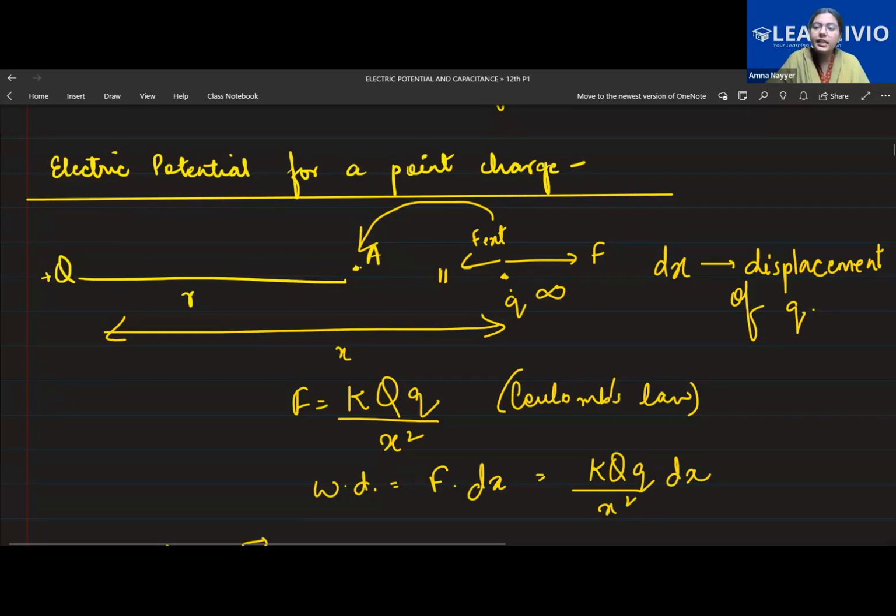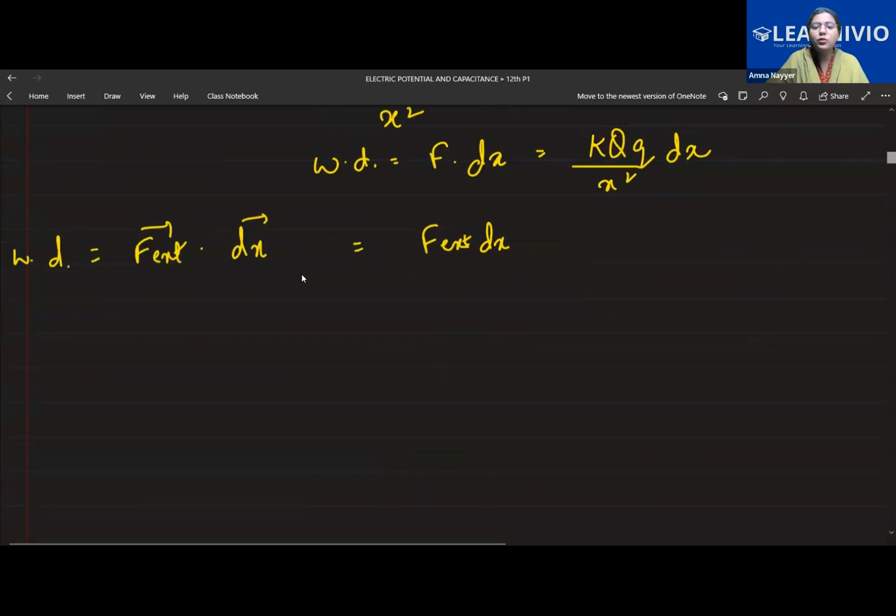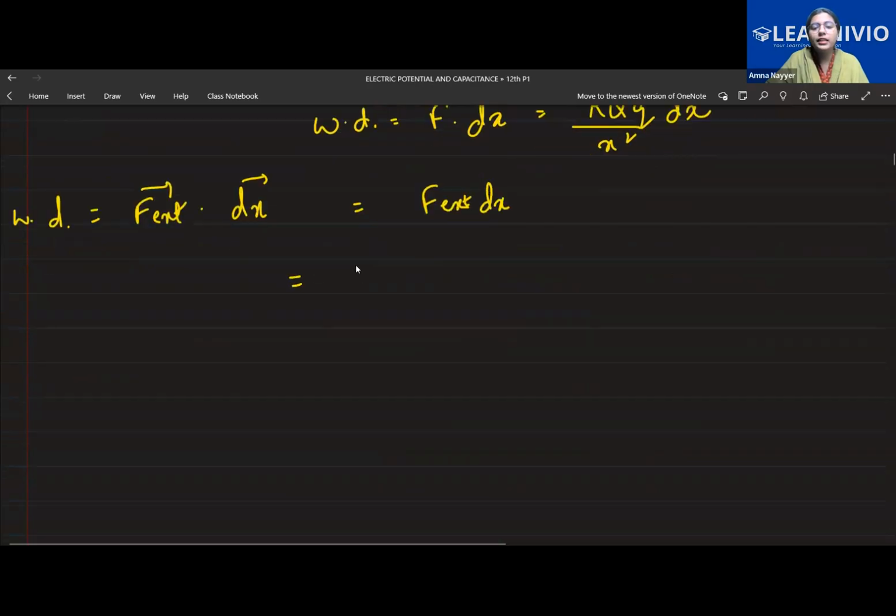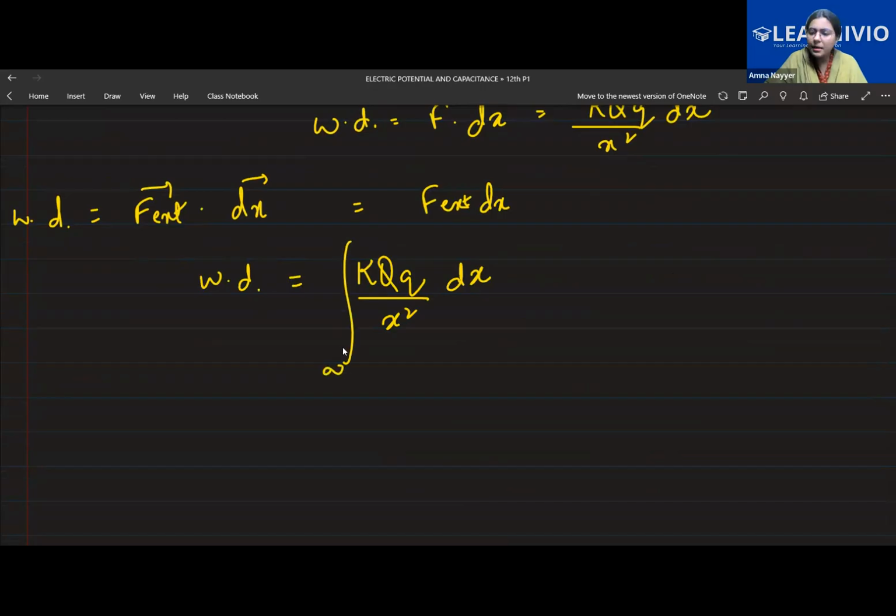You integrate it. So when you integrate, you get K capital Q small q by x square dx. This is work done, but from where are you integrating it? From some infinity point to a particular point A that is separated by r. Means from infinity you are bringing it to r.